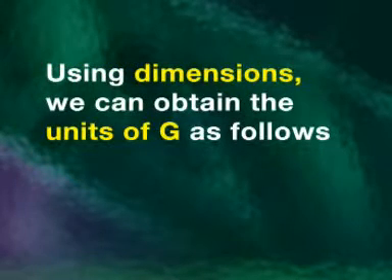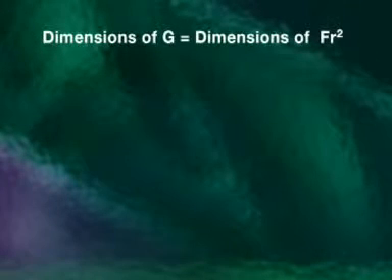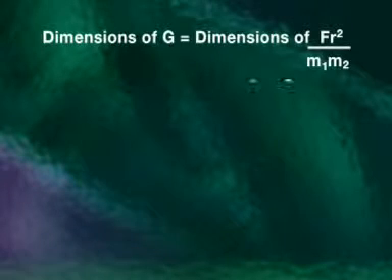Using dimensions, we can obtain the units of G as follows. Dimensions of G equals dimensions of F R squared divided by M1 M2.